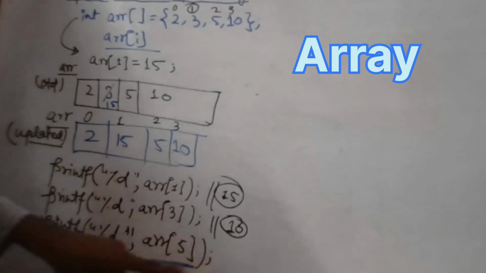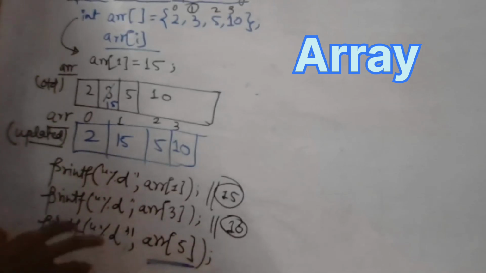And what if we want to access a value at a particular index that is not present in the array? For that, it will give you an error. I hope you understand the basic array concepts, which are important for you to learn C programming or another programming language.